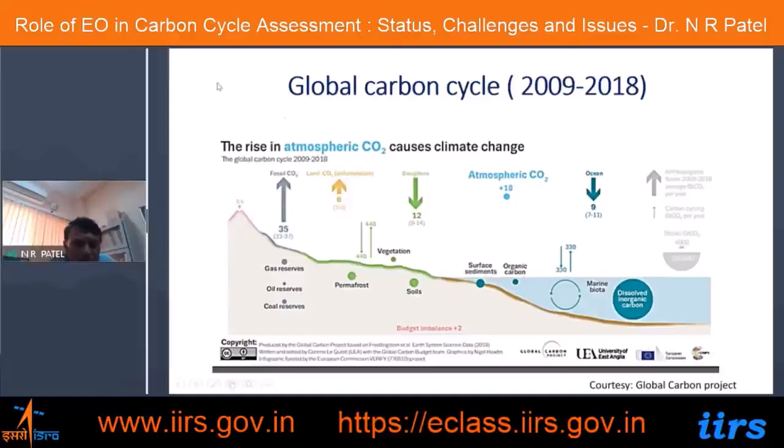How much fossil fuel emission? It is around 35 gigaton carbon that is released to the atmosphere through different industrialization. But from land also, there is deforestation activity and land use change, all responsible for releasing carbon.